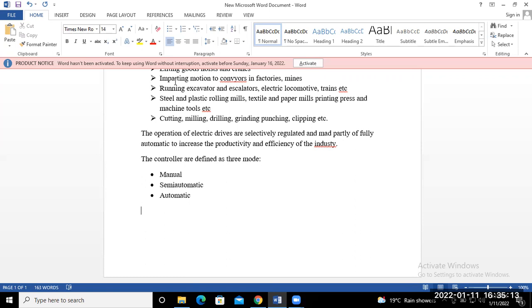So the mode of operation and economic considerations dictate the type of control, which type of control you require.